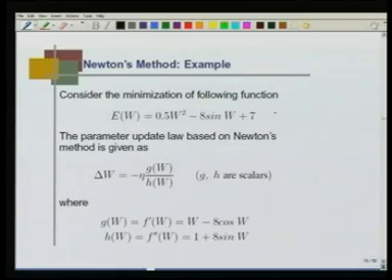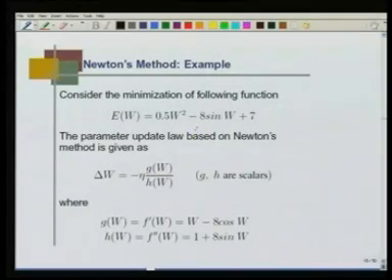Now, we will take the same example that we considered earlier. W is a scalar, not a vector here. It's a very simple function, E W is 0.5 W square minus 8 sin W plus 7. Because W is a scalar, naturally del E upon del W is a scalar, which is g, and h is del square E by del W square, which is also a scalar.